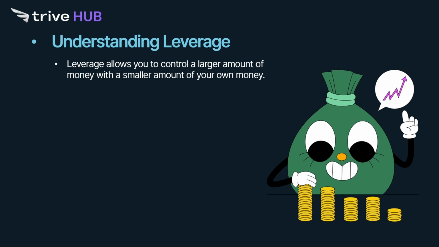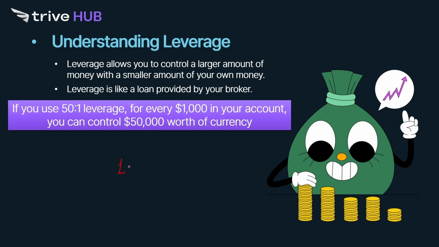Leverage is like a loan provided by your broker. For example, if you use 50:1 leverage, then with every $1 in your account you can buy currency worth $50. You are controlling 50x of your money. You only have $1, but your broker is giving you another $49.